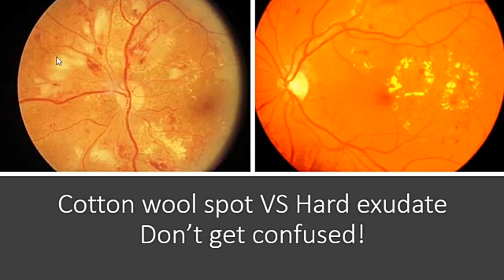Cotton wool spots, on the other hand, are made up of axonal debris, and they're more prominent around the optic nerve where the nerve fiber layer is thickest, and they're lighter, light coloured yellow or white, as opposed to the darker yellow of hard exudates. And cotton wool spots are sort of billowy like clouds. They don't have distinct margins, and they result from vessel occlusion as opposed to hard exudates, which result from vascular leakage.